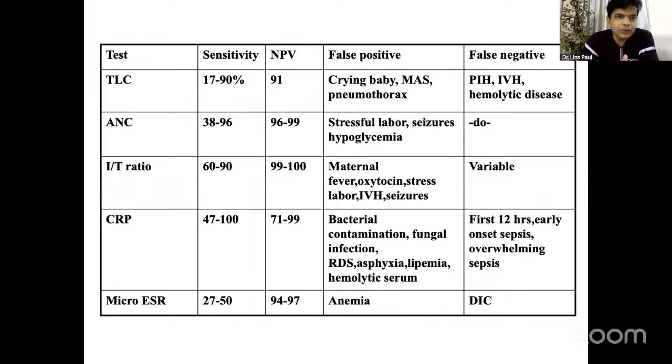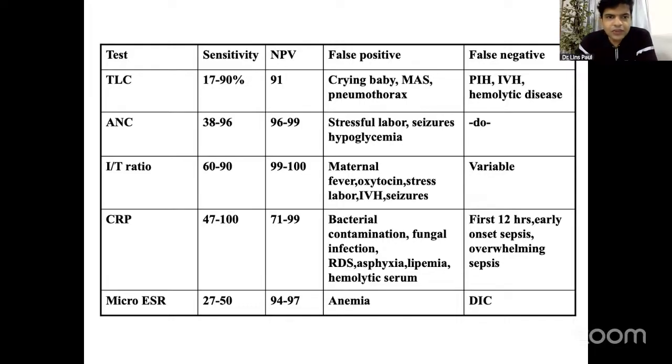So what is the validity of this sepsis screen? The sepsis screen parameters have very high sensitivity and very high negative predictive value. Many of you might not be well versed in statistics, so I will explain in a very simple way.